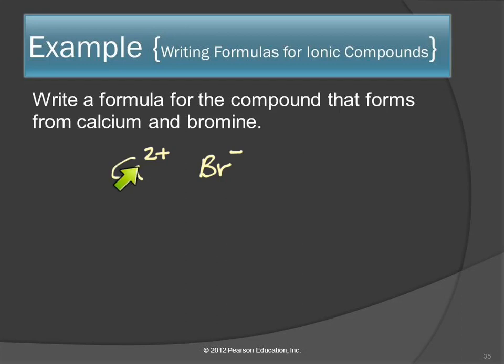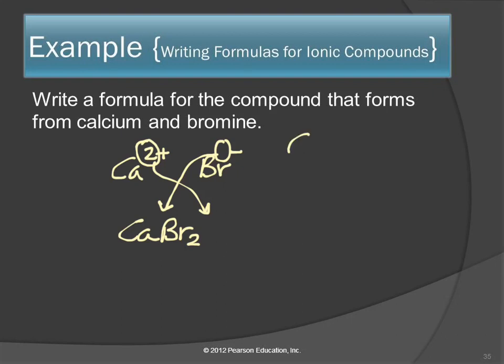Now we look at the charges. +2, -1, those are not the same. So you can do the crisscross thing. You can take this 2, and this is an unwritten 1, which becomes an unwritten 1 down there, and you get CaBr2. Thinking about it, I've got Ca2+ and Br -1.